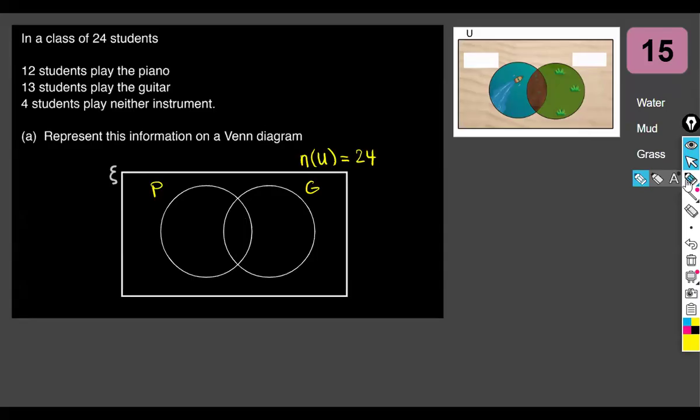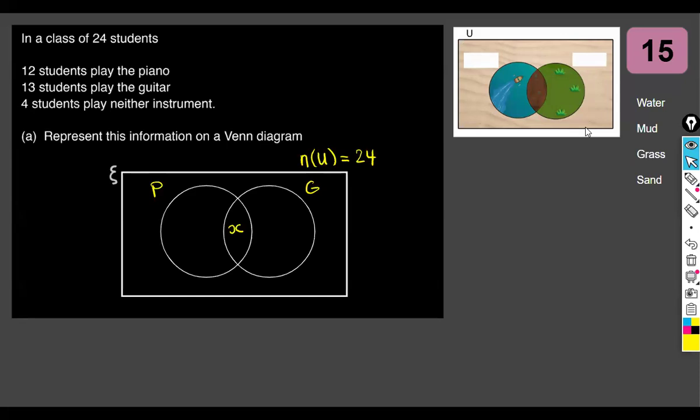X, correct. So the middle here is X. I want everyone to put an X there because they never told us how many people play the piano and play the guitar. The question would have been super easy if they did. Believe me, you would have been done with that question a long time ago, but it didn't. So everyone put X there for me, right? Everyone put the X there for me.